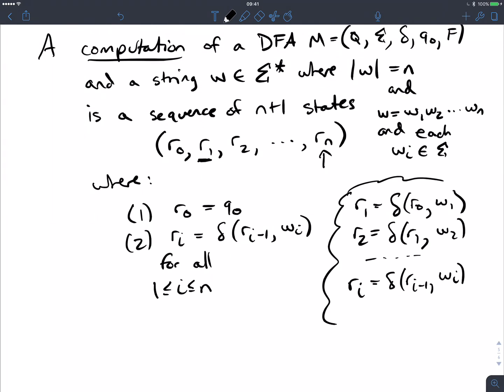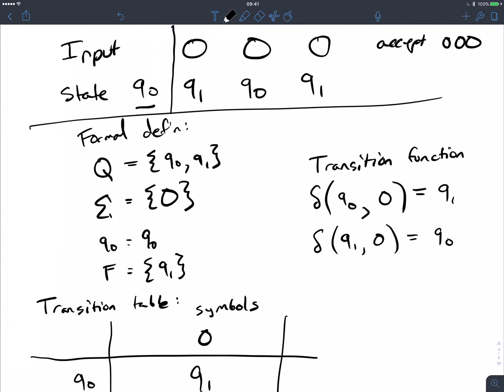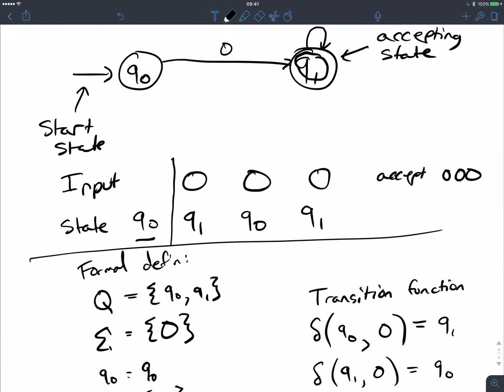So this is a computation of any machine, any DFA, on any input. But maybe we want to talk about the ones that are actually accepted by the machine. For the previous example, we talked about how this modified one recognizes the strings of length at least 1, and before we modified it, it accepted exactly the strings of odd length.